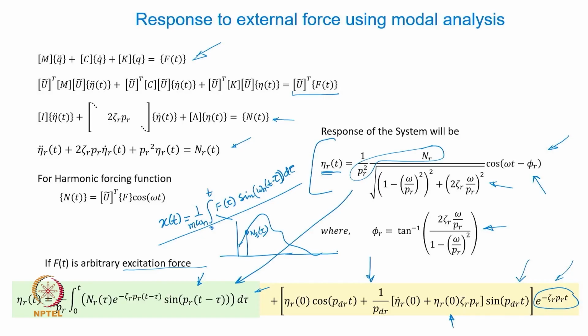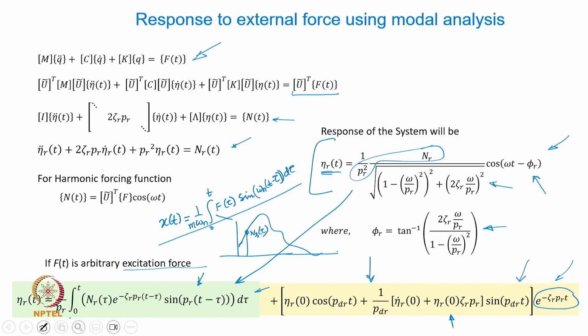Even in the case of a harmonic solution, even if there are no explicitly expressed initial conditions, we will theoretically have to write it this way and then see which part to include and which not. So, this is how, even for an external excitation force, modal analysis can simplify the solution process quite well.